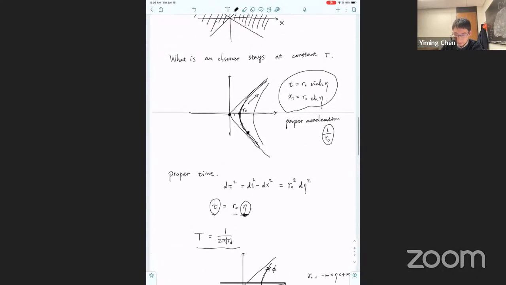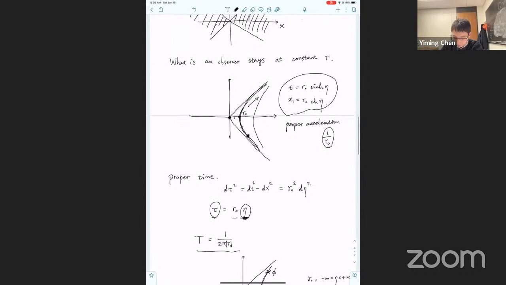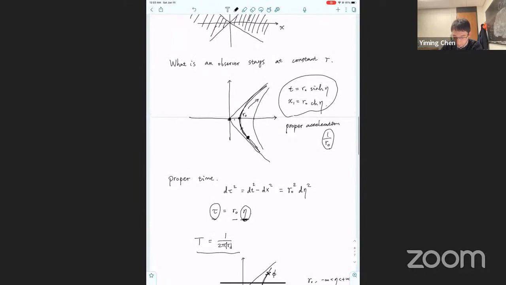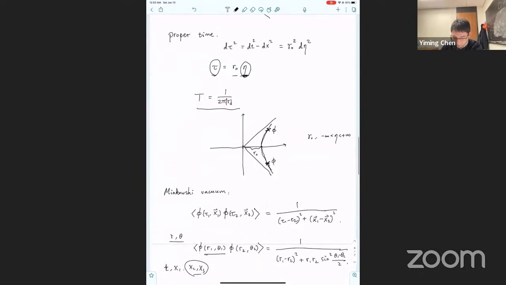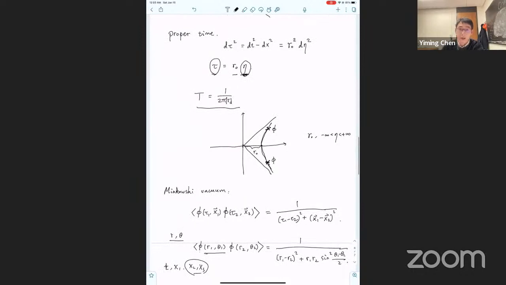Yeah, phi of tau1, x1 and tau2, x2 in the Minkowski vacuum would still be the same for the interacting theory? No, the exact form will not be the same. The exact form of the 2-point function will not be exact. Then how would we conclude that your derivation will go through for an interacting theory? Because there you use the 2-point function of the free theory, right?